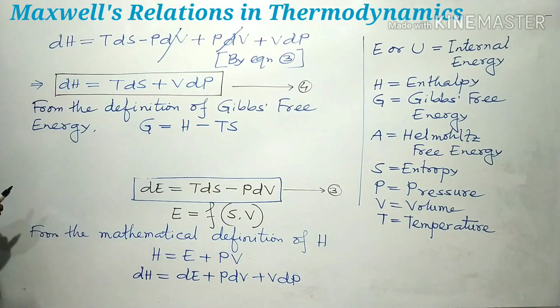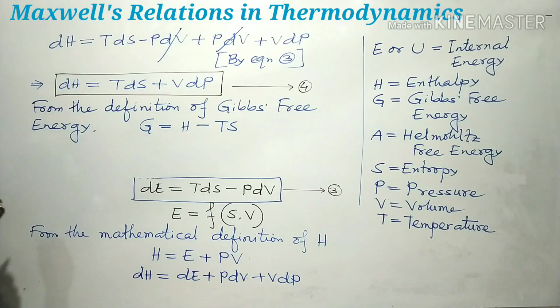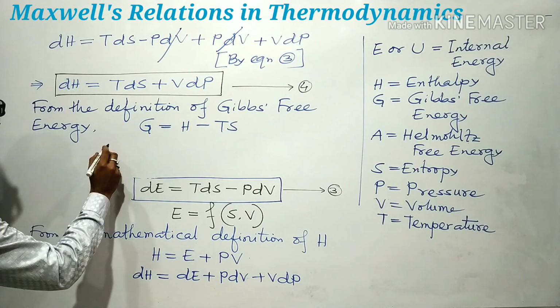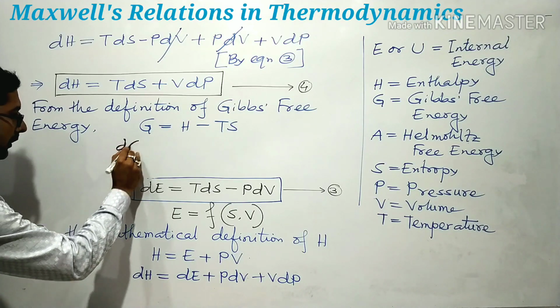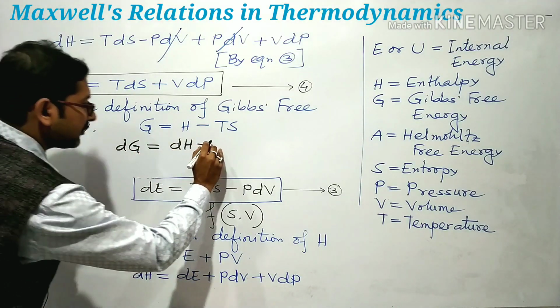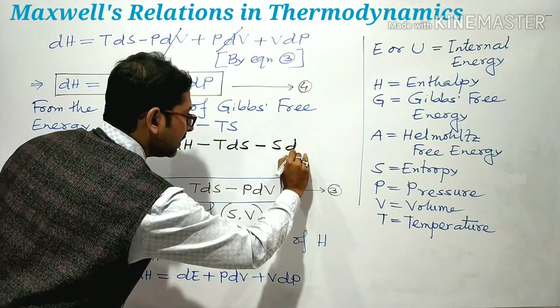This is the mathematical definition of Gibbs free energy, G. Now taking the differential, we have dG equal to dH minus T into dS minus S into dT.